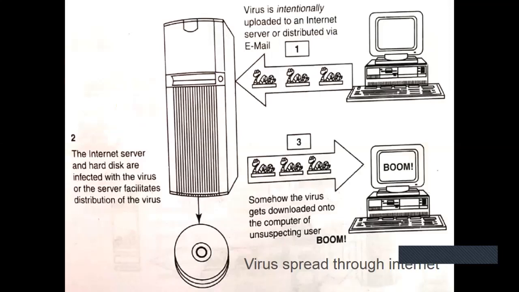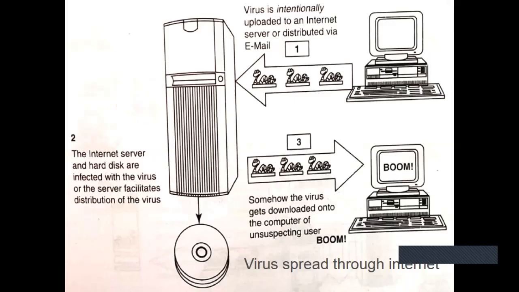He targets a server and sends an email to that server, and that email has some malicious code. Once this email is uploaded on that server, it starts spreading itself within the server. So the internet server and its disk get affected.